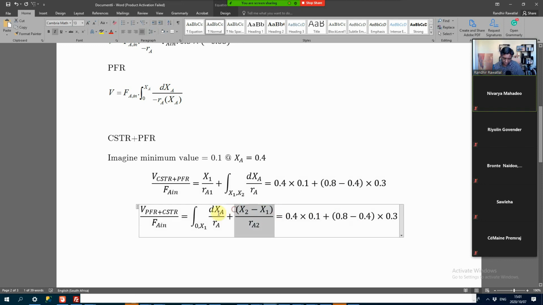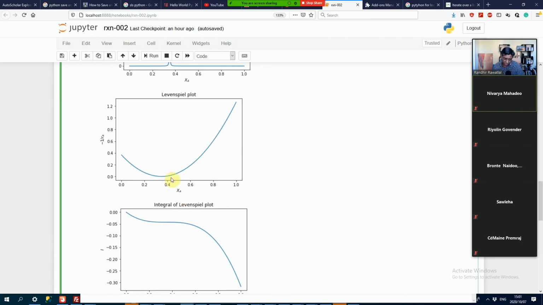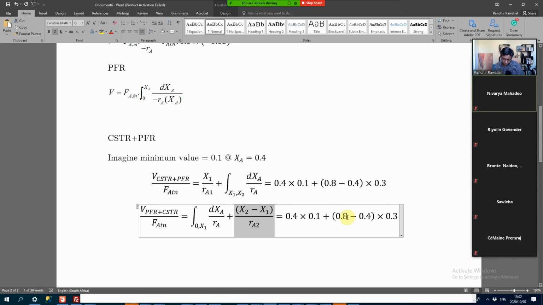So in this case where the CSTR comes second, the CSTR is going to operate at the 0.8 value. So at 0.8, here's your 1 over RA, so the value here is 0.6. So for the CSTR, this is 0.6 here.